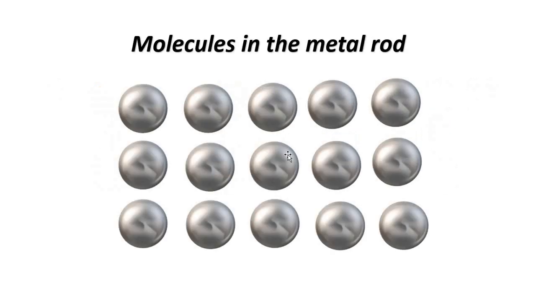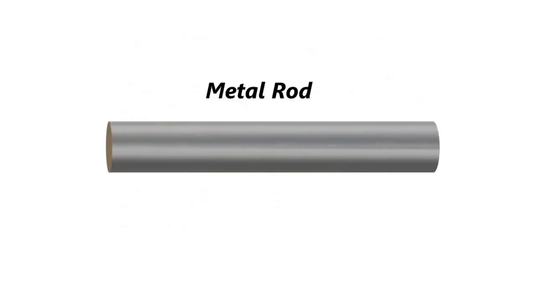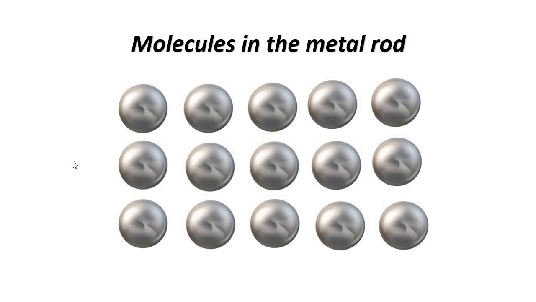This is in the normal state. Okay, so in the normal state the molecules are in this manner. They have certain kinetic energy, but the amplitude of these vibrations or oscillations is small. When it is heated, their vibration starts to increase.